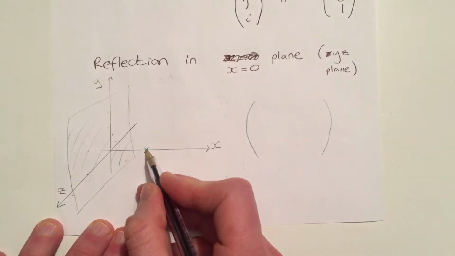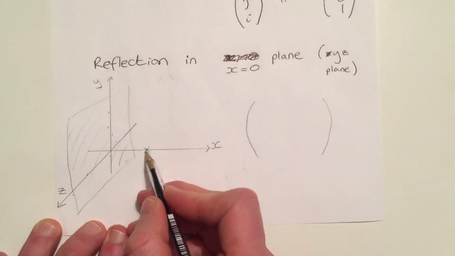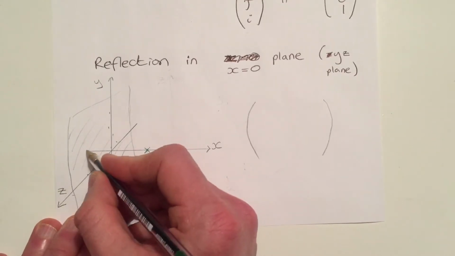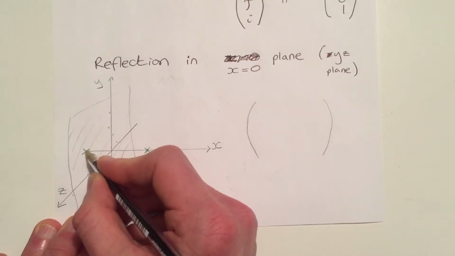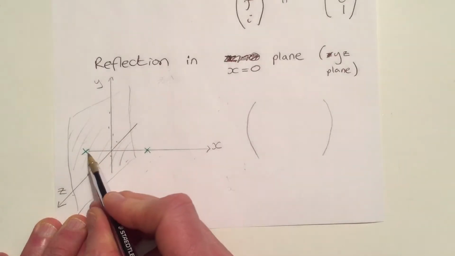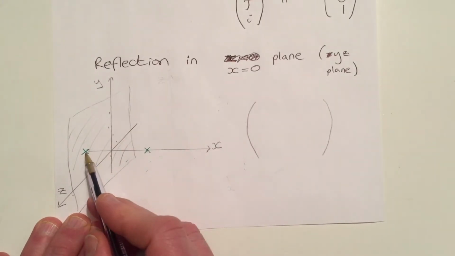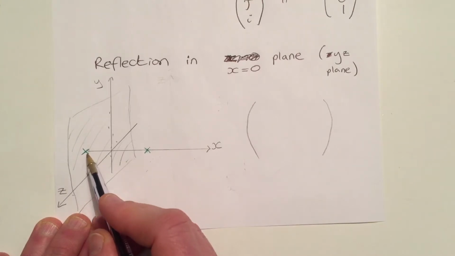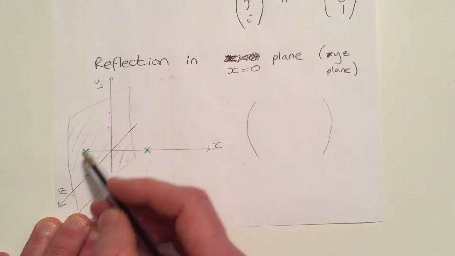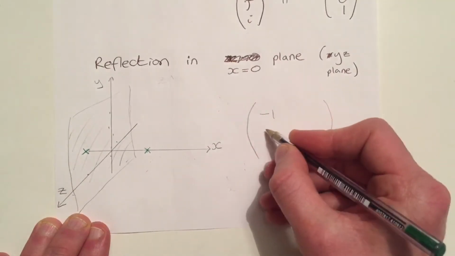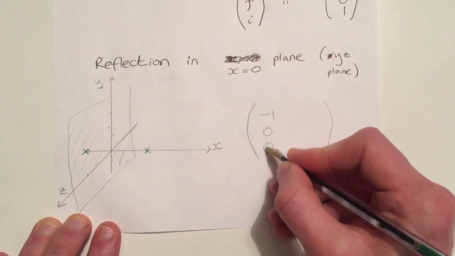So that's that point there. If that gets reflected in this plane, that is going to get reflected over to the other side over here at (-1, 0, 0). The x coordinate would be -1. The y coordinate is still going to be 0. The z coordinate is still going to be 0. So that's going to be the point (-1, 0, 0).